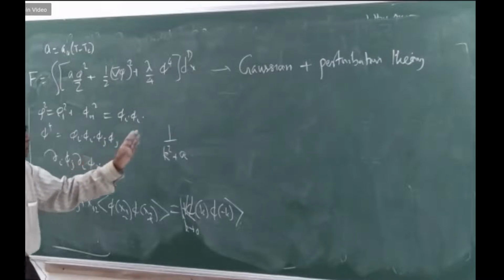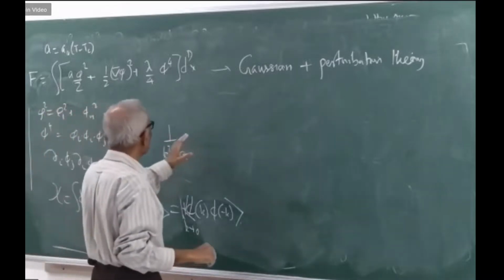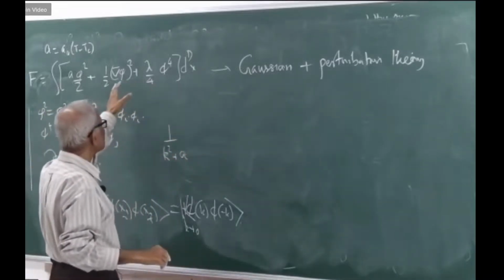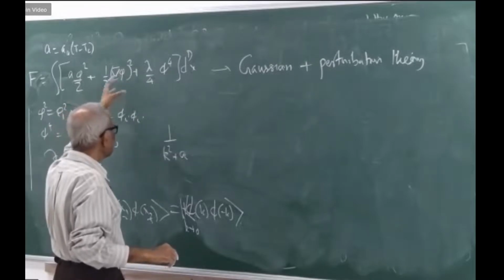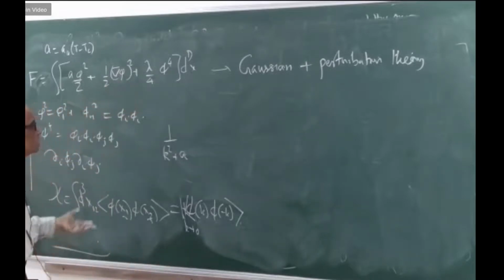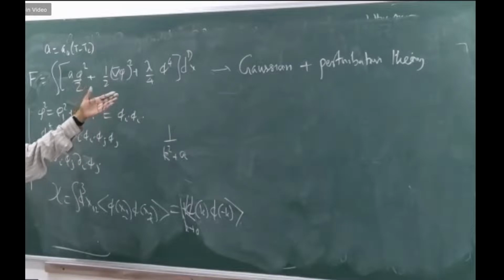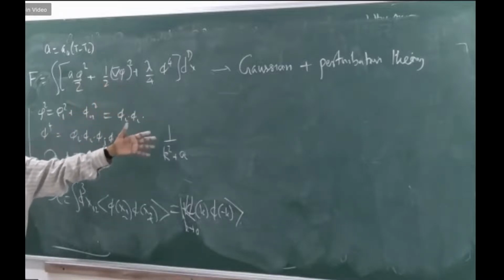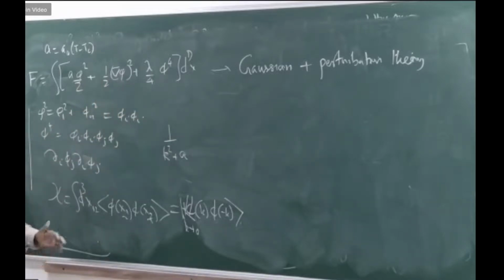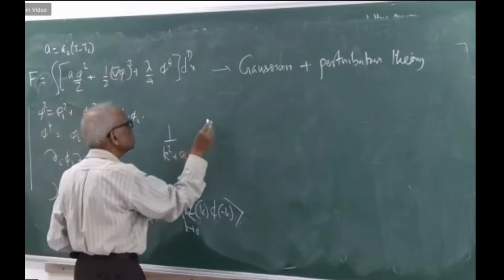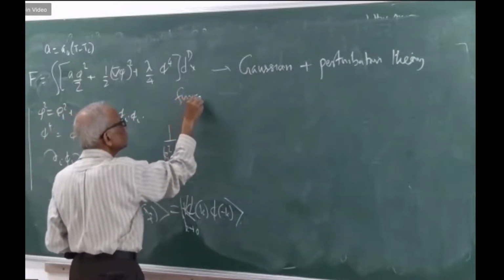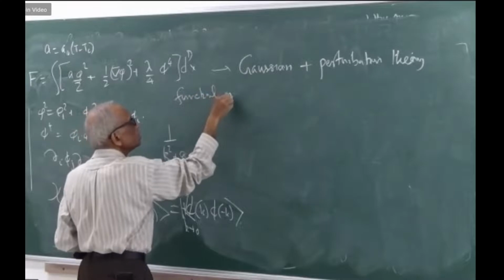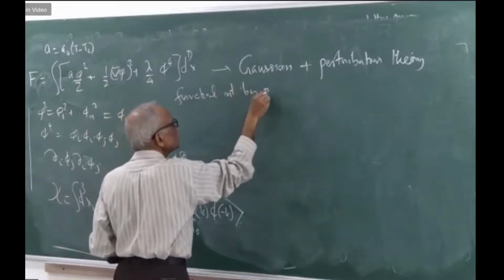Now if I want to do the next correction using this in a perturbative manner, I simply treat this as a perturbation and do the next term, the functional integral by perturbation theory.